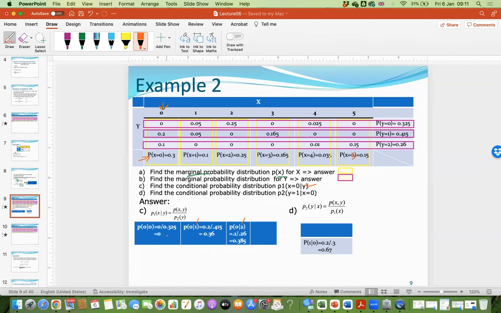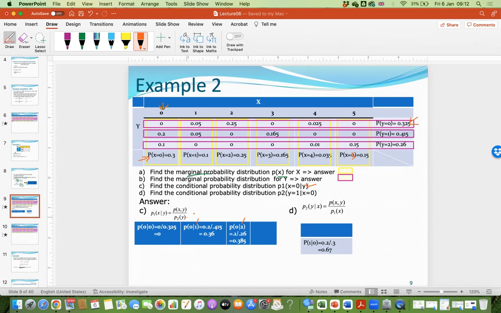It's pretty simple. The conditional x equals to 0 given y equals to 0, and your marginal y equals to 0 is 0.235. Can you see here?